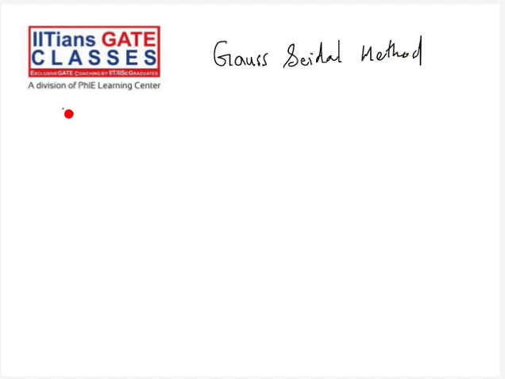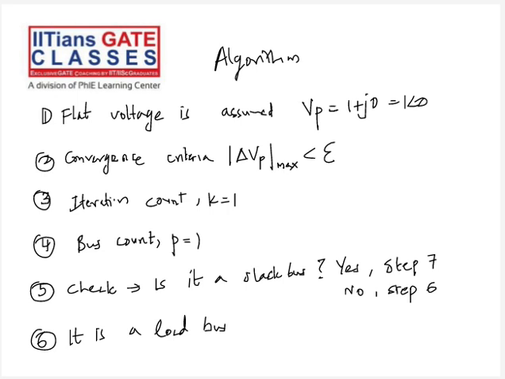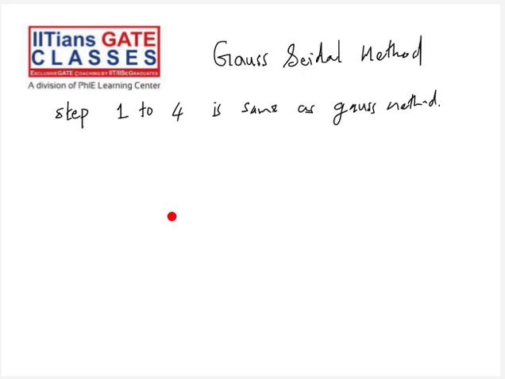So steps 1 to 4 are the same as the Gauss method. So we assume a voltage, we set the convergence criteria. So all these steps are the same as the Gauss method, right? So let's look at what the difference is, right?